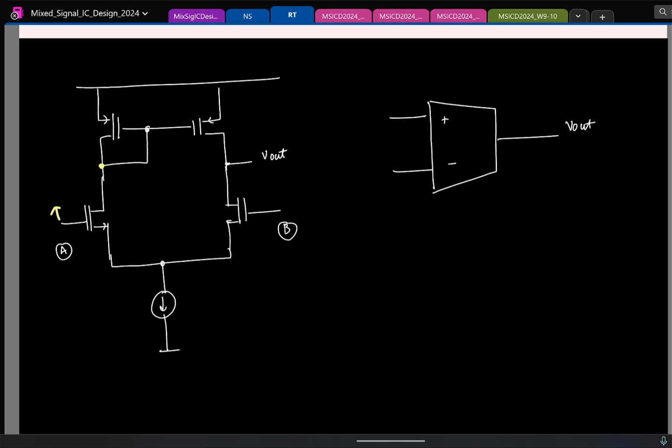Current is going to get pulled out. The moment you pull out current, voltage is going to drop. So which is the plus terminal? A is the plus terminal. So this is going to be the plus terminal, and this will be the minus terminal.